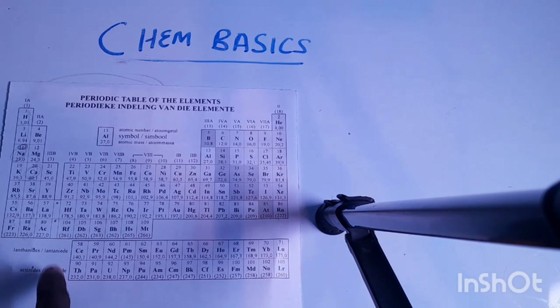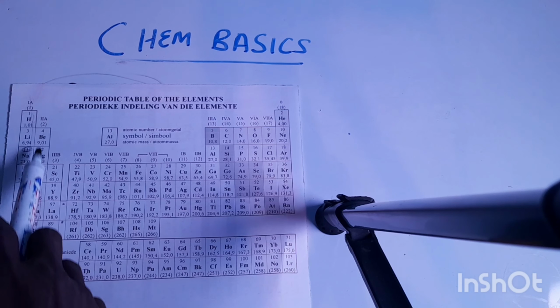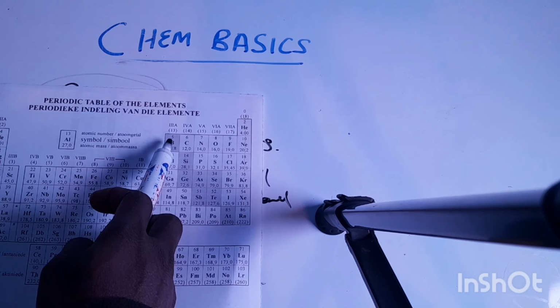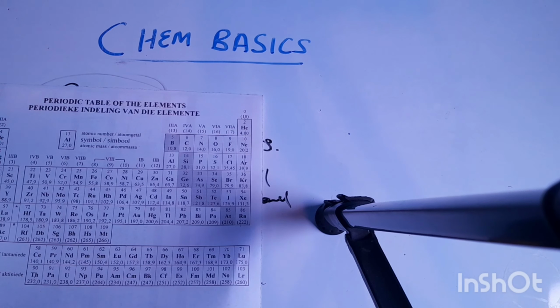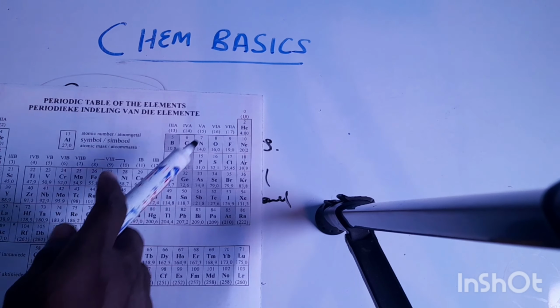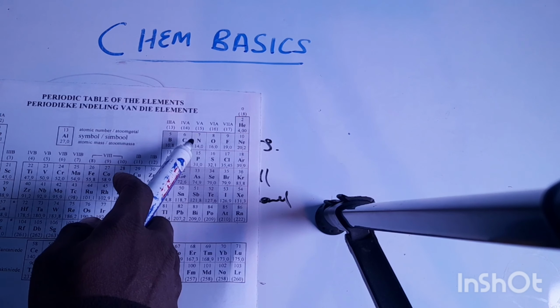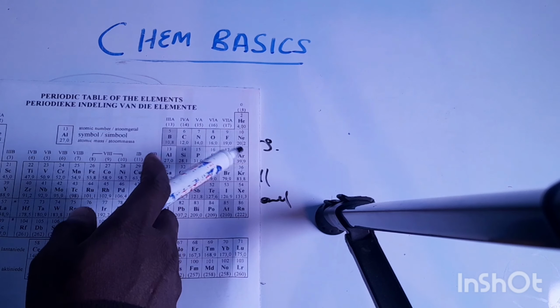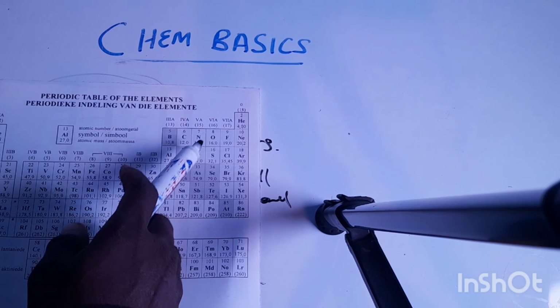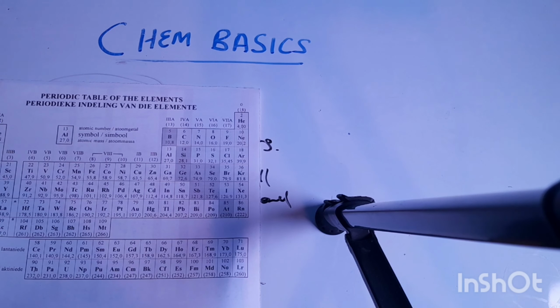So it means that those in group 1 have only 1 electron in the outermost shell. Group 2 has 2 electrons in the outermost. Group 3 has 3 electrons in the outermost energy level. Group 4 has 4 electrons, group 5 has 5, group 6 has 6, and lastly group 7 has 7 electrons at the outermost level.